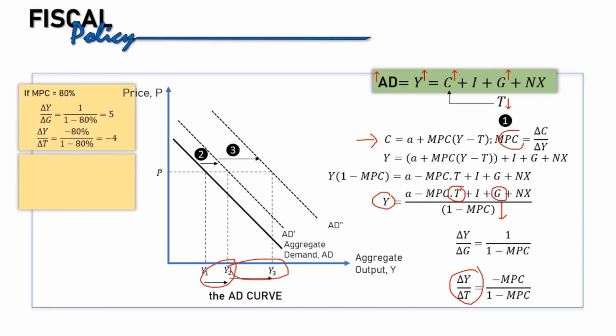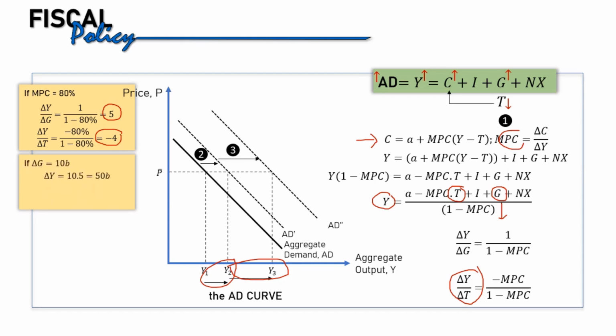So if MPC, for example, is 80%, the multiplier is 1 per 1 minus 80%, or equal to 5. Meaning that any increase in G will result in an increase in Y 5 times the increase of G. With MPC again equal to 80%, we can also find the tax multiplier is minus 80% per 1 minus 80%, equals minus 4.